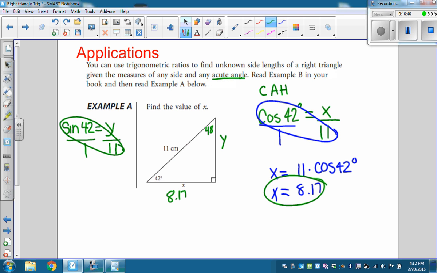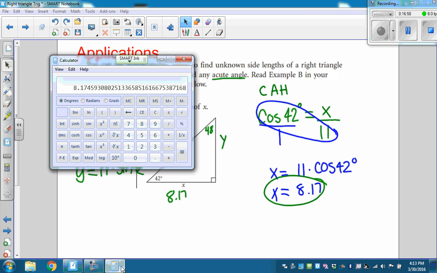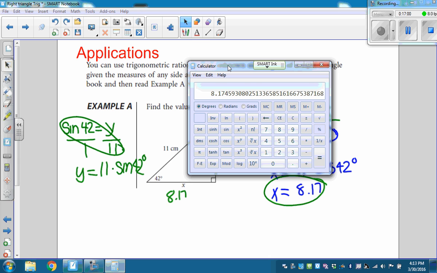So 11 times the sine of 42 is equal to y. Just using number sense, we're going to make sure our numbers make sense. The sine of 42, I'm going to multiply it by 11. I get 7.36.